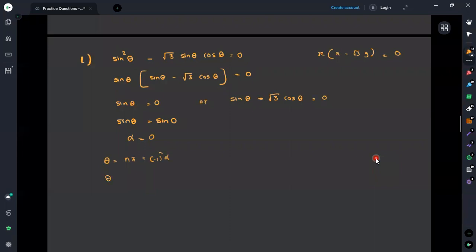Doing the substitution, it is nπ plus minus 1 to the power n times alpha, where alpha is now 0. Then we get the value of theta equal to n times π. Then we can get the next one, sine theta minus root 3 times cosine theta equals 0.